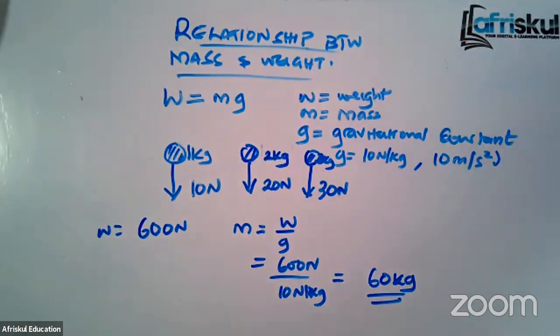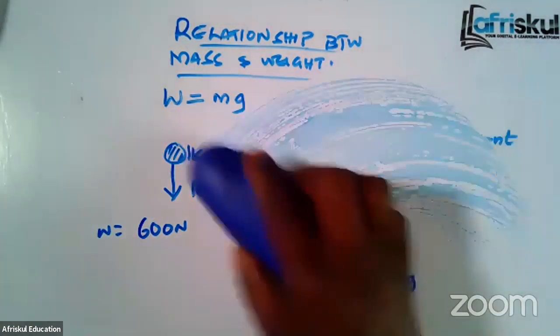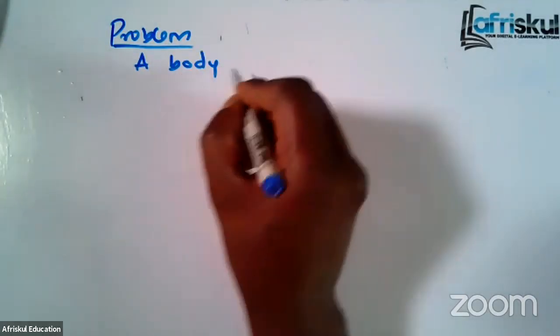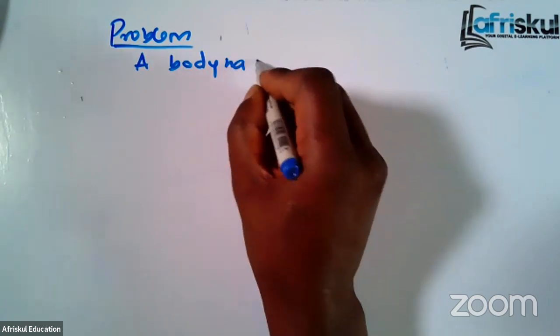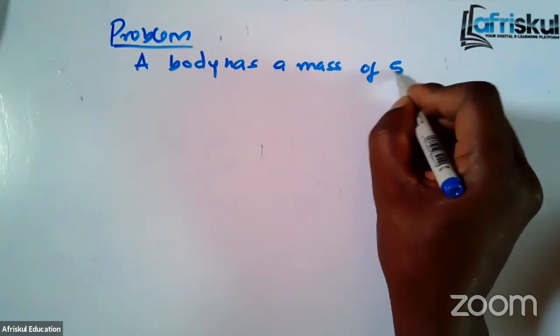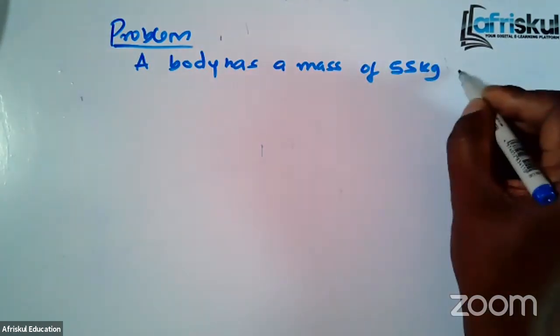I want to give one final problem that we will find very common tested in secondary schools. Problem. A body has a mass of 55 kilograms on Earth.